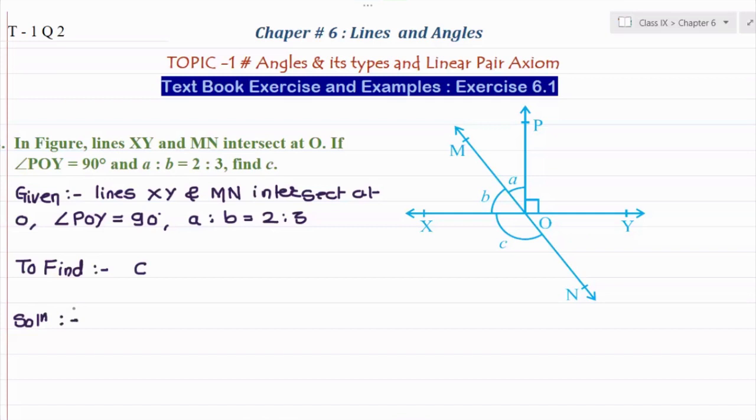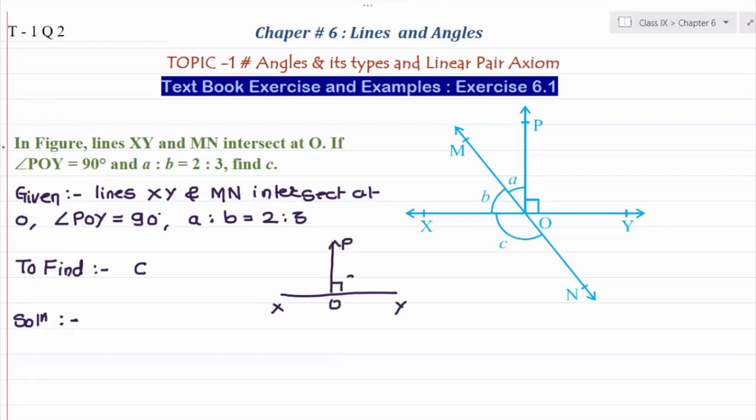First of all, students, see that angle POY is given to us as 90 degrees. Suppose I draw a figure for you: this is a line XY, and on line XY this point is O, which is making an angle of 90 degrees.